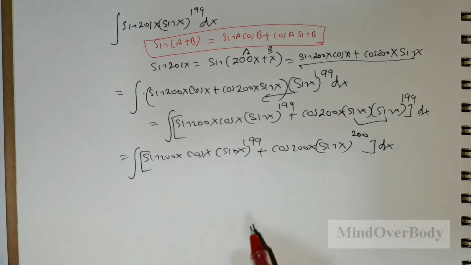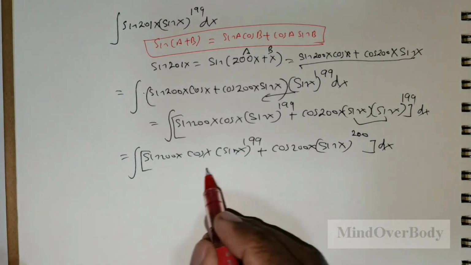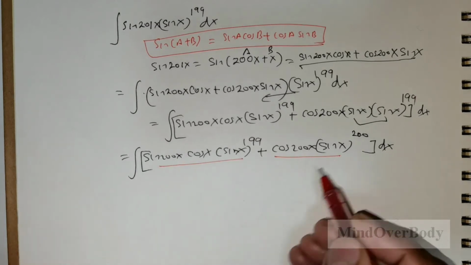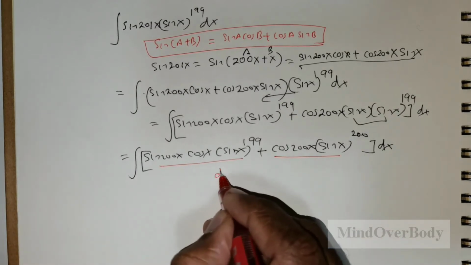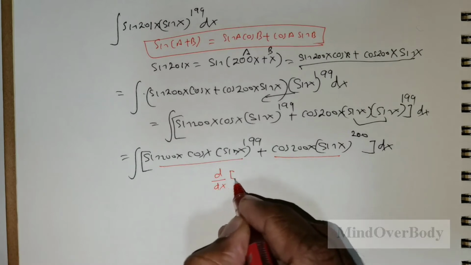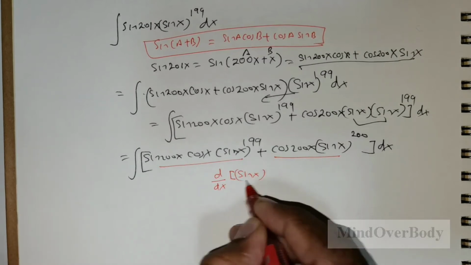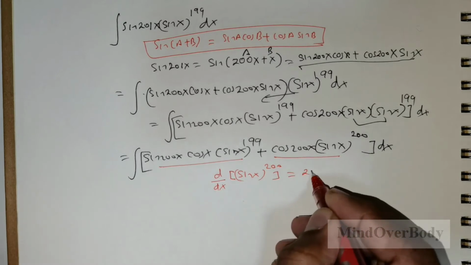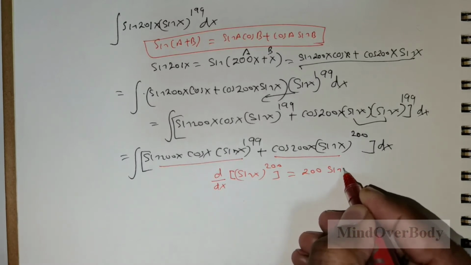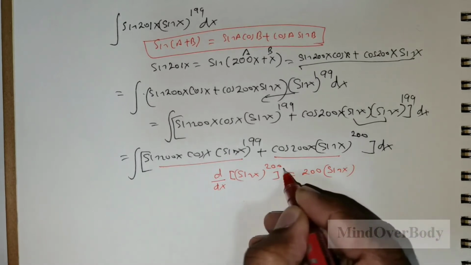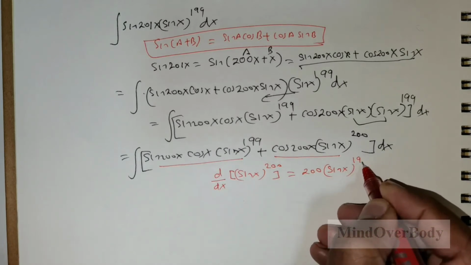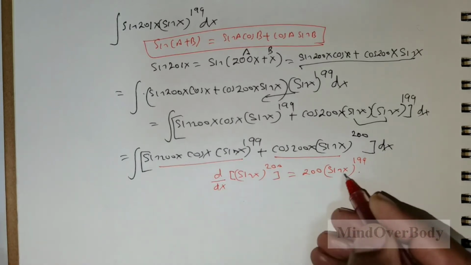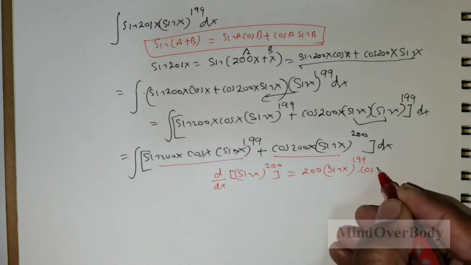Now a very important observation you have to make is the pattern in which they are occurring. Now consider the differentiation of sin x raised to the power 200. If you were to differentiate this, you would get 200 times sin x raised to the power 200 minus 1, that's going to be 199, times the differential of sin x, which would give you cos x.